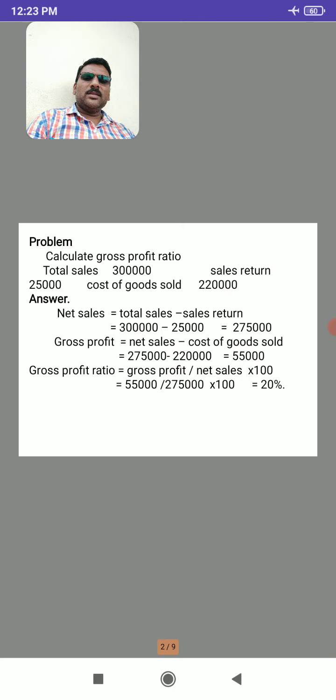After deducting 2,20,000 from 2,75,000, the balancing figure is 55,000. That is the gross profit.